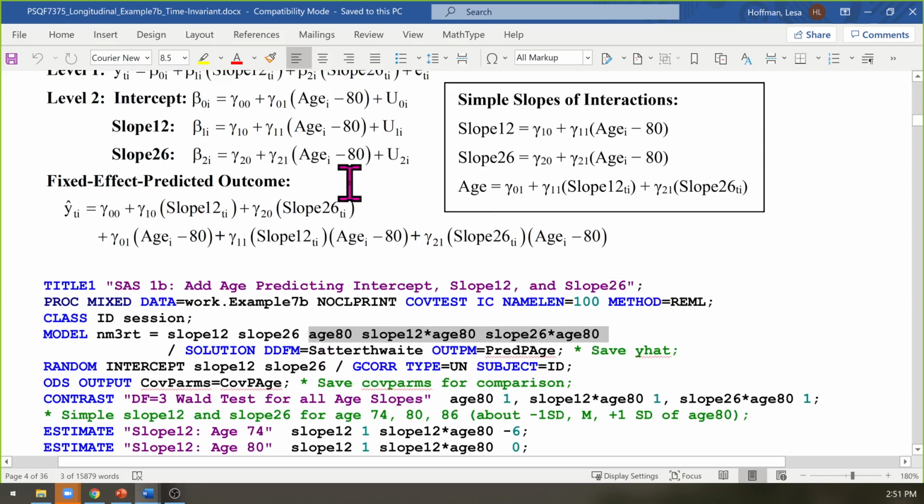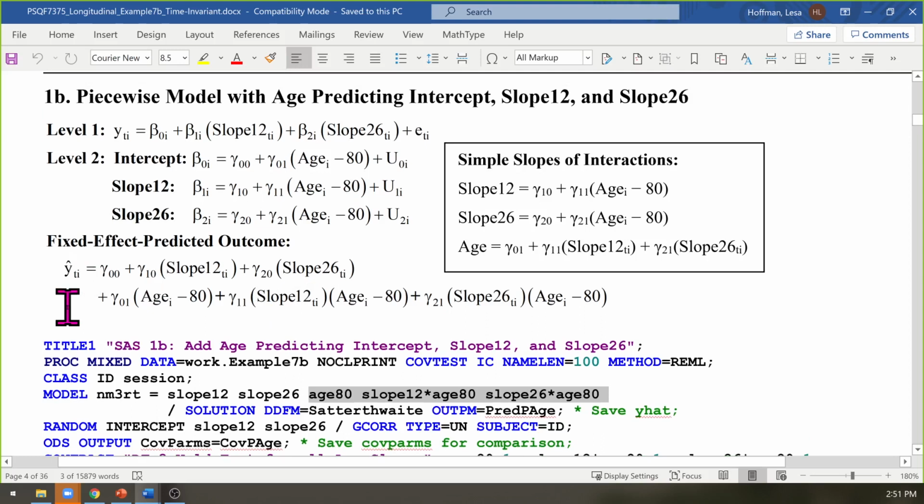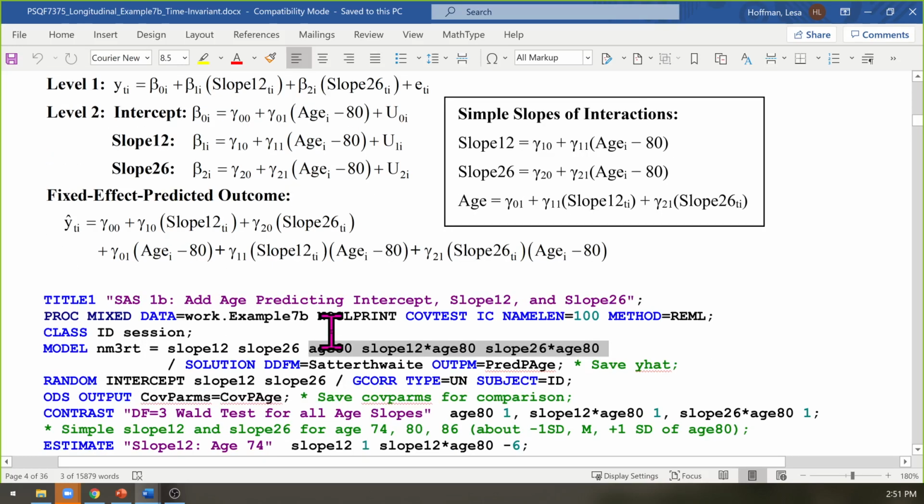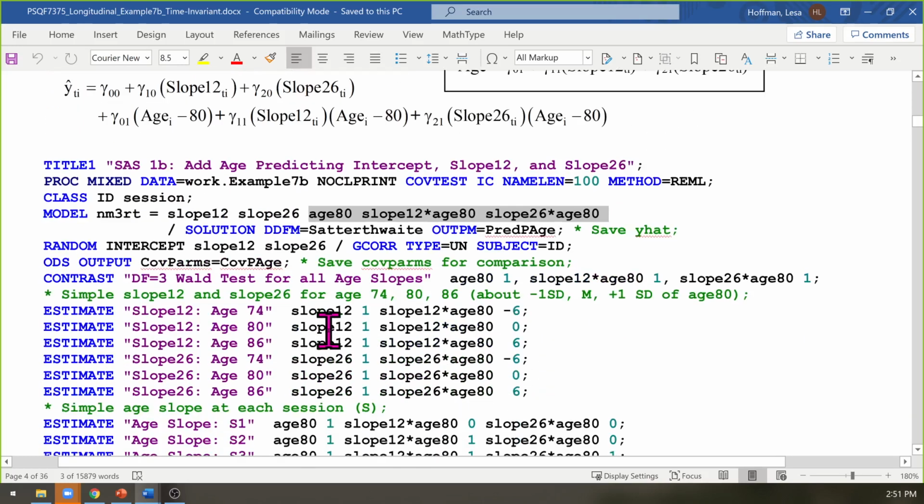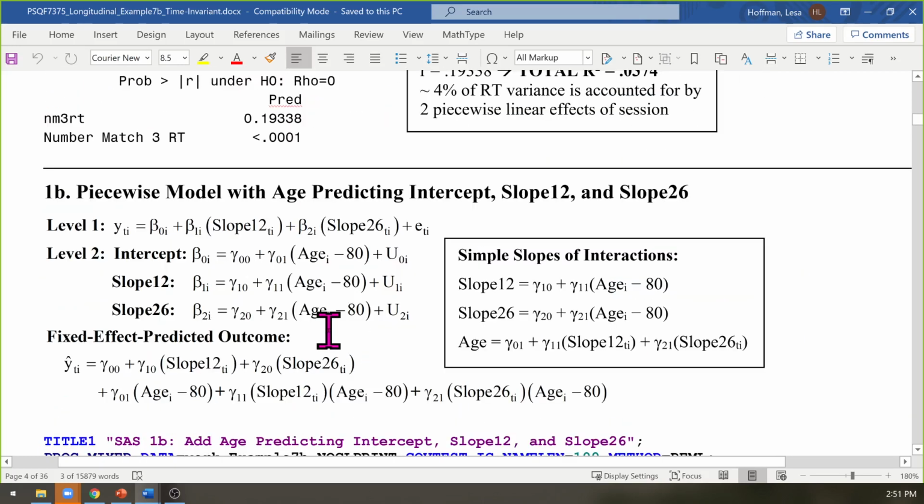And you can see the interaction terms in the way that I've written this as a composite model, so to speak, removing the betas and filling in the fixed effects directly. The predicted outcome from the fixed effects would be given right here, where the first row is what we had before, and the second row are the 3 new terms that we've added. All right, and a whole lot of code after that. We'll pause on that.